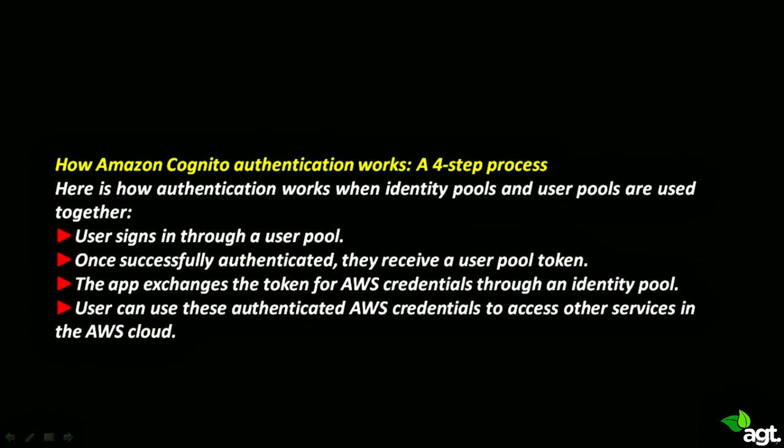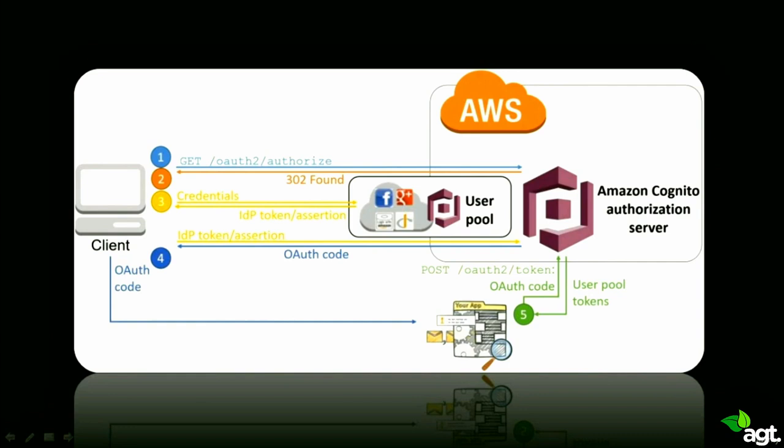Third, the application exchanges the token for AWS credentials through an identity pool. And fourth, they can use these authenticated AWS credentials to access other services in the AWS cloud. This is the overview of how Amazon Cognito security works, and this is the sample image of the process from the starting level to the end of the process.